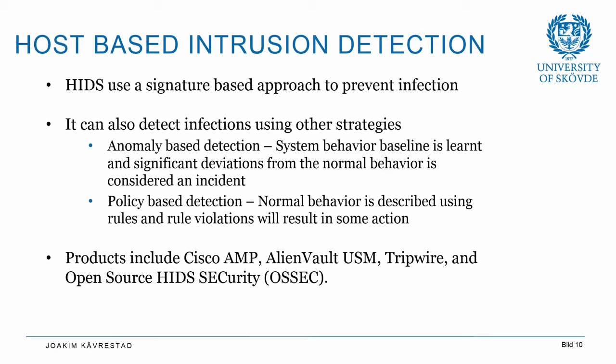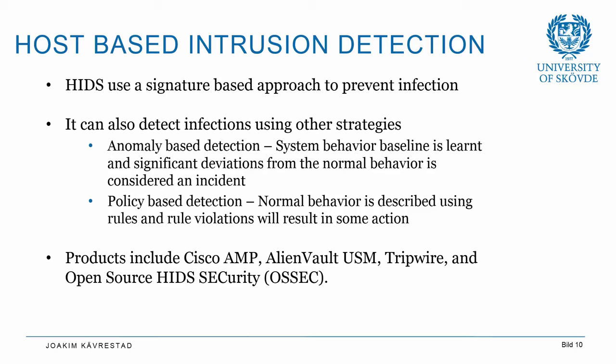The HIDS will usually use a signature-based approach to prevent infection, but it can also detect infection using other strategies, such as anomaly-based detection, where a system behavior baseline is learned, so you know how the system usually works, and then significant deviations from normal behavior are considered an incident that will be looked into.